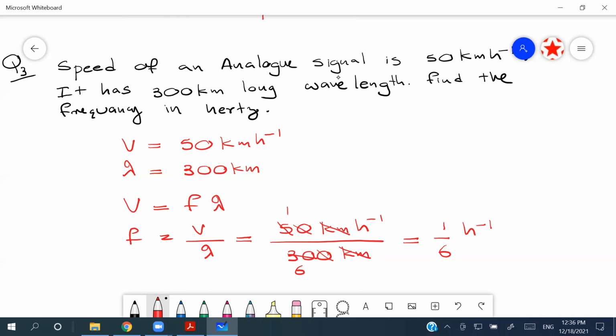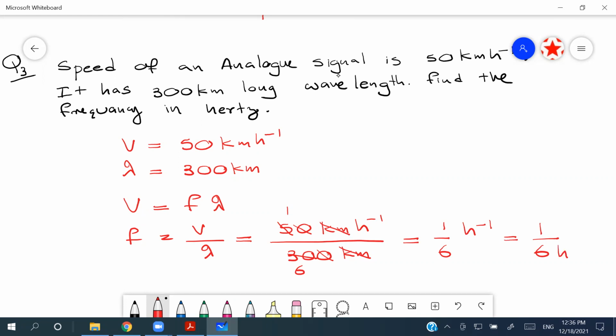So what would be the final one? If I'm going to find this per second, how is it going to be? Is it multiplied by 3600? So it's going to be 1/6 h minus 1. That means hours come over here.